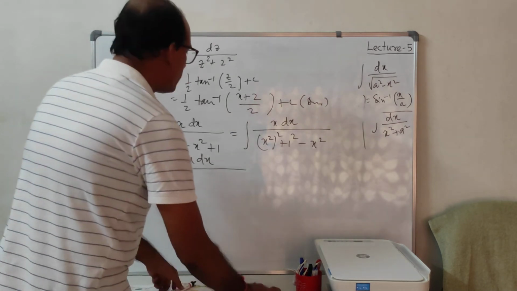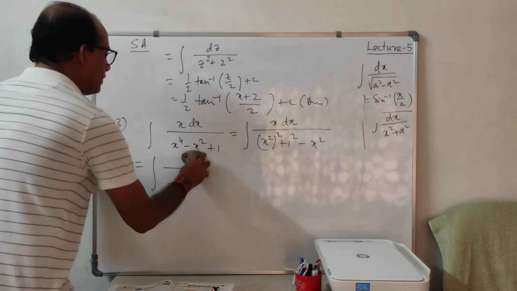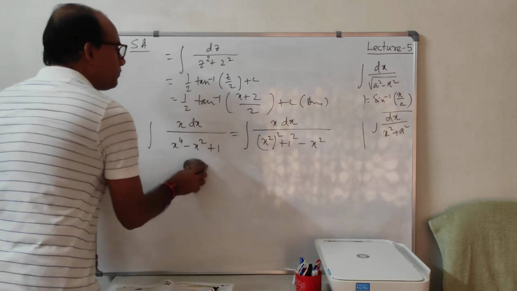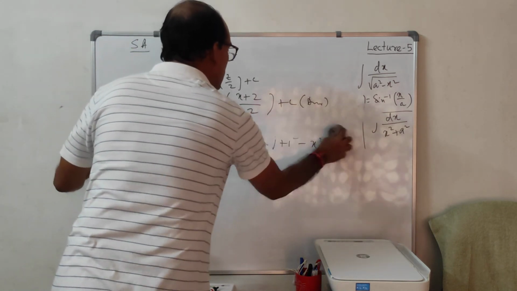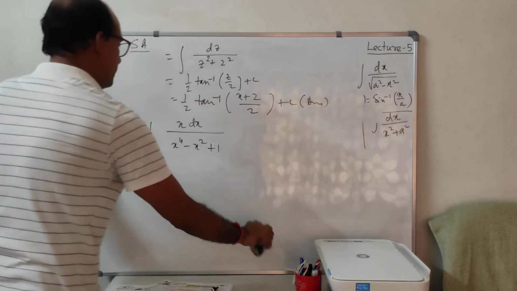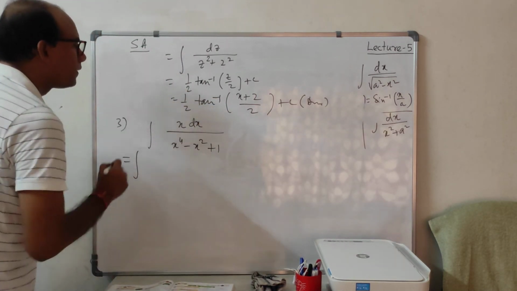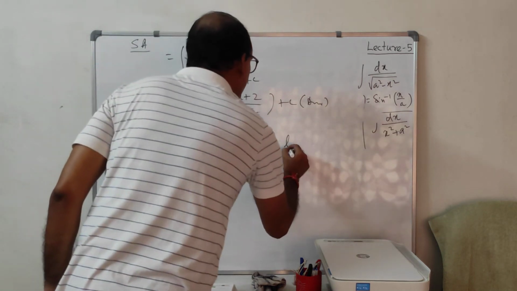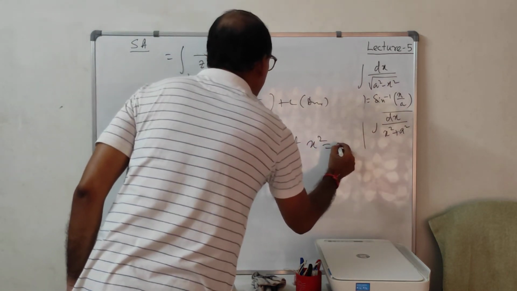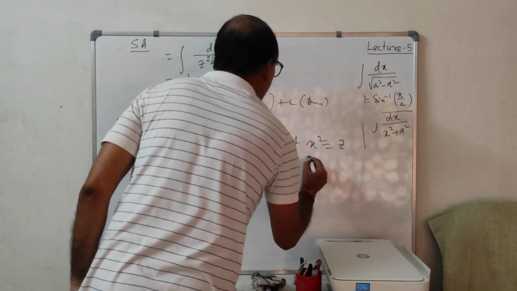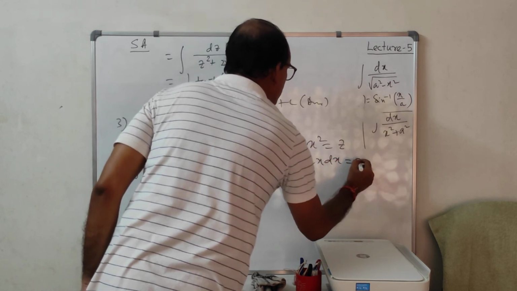Okay, don't do all these things. Instead, just take first x^2 equals z. Then you will get 2x dx equals dz.